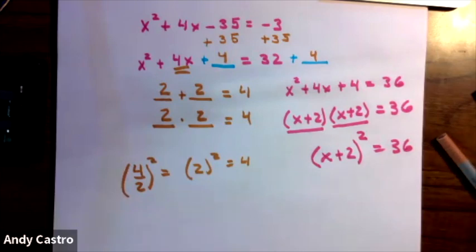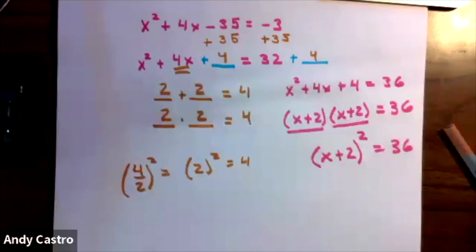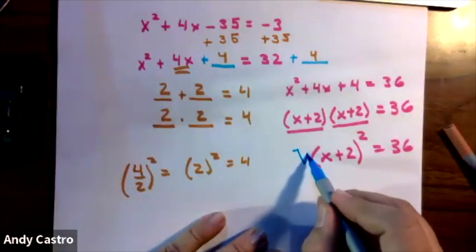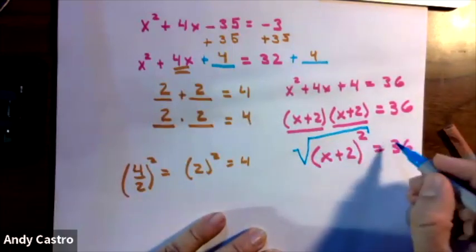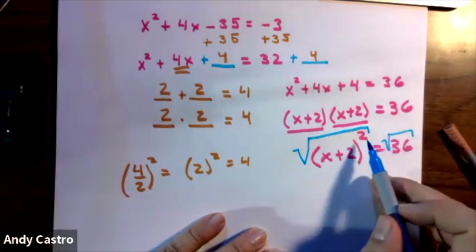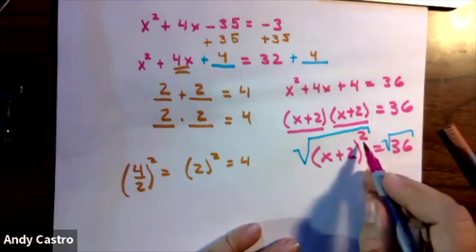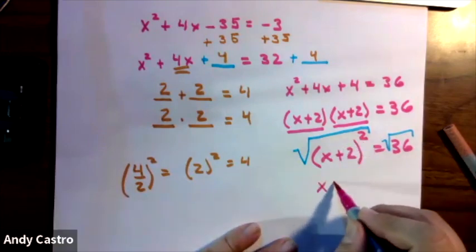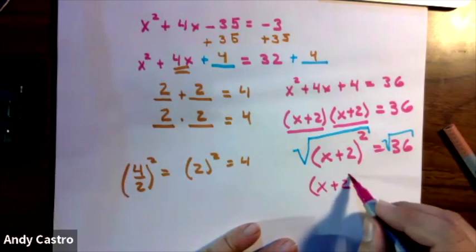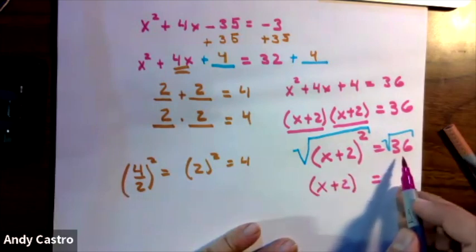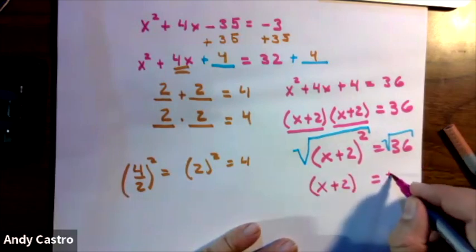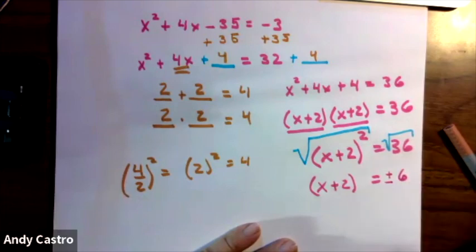Now, we can take the square root of both sides to get rid of that square, and x plus 2 quantity squared square rooted is just x plus 2. The square root of 36 is plus or minus 6.